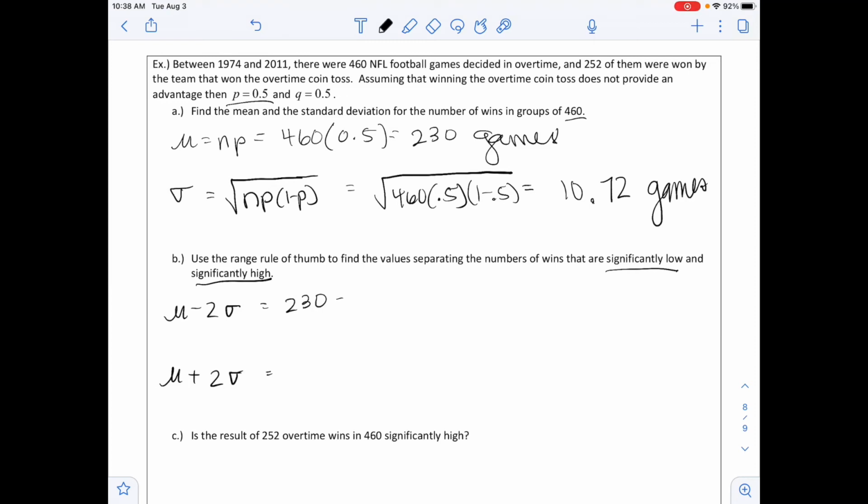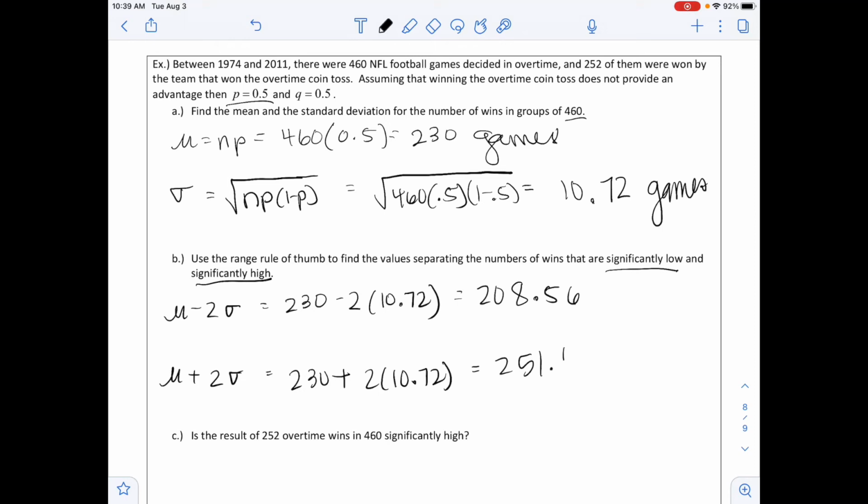So we have 230 minus 2 times 10.72, and then 230 plus 2 times 10.72. So working these both out, rounding 2 decimal places, the first one is 208.56, and the second one would be 251.44. And the units here would also be games.